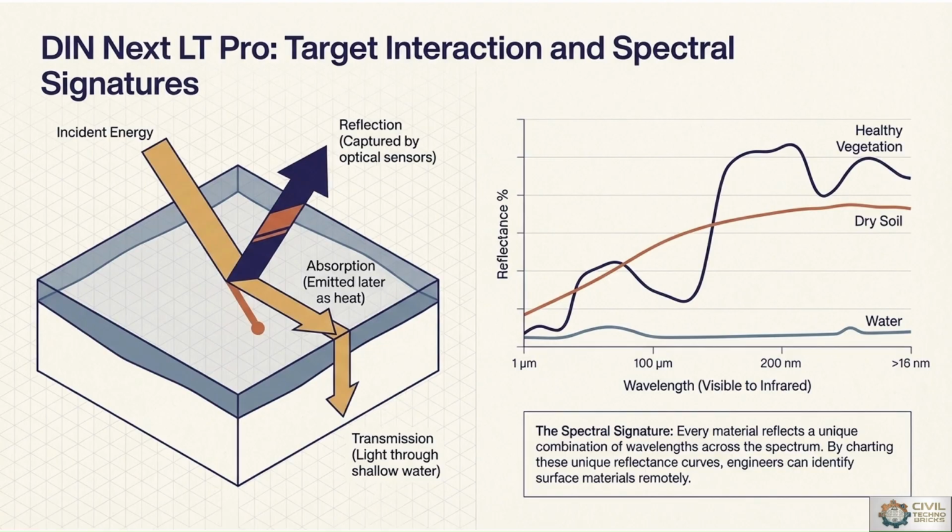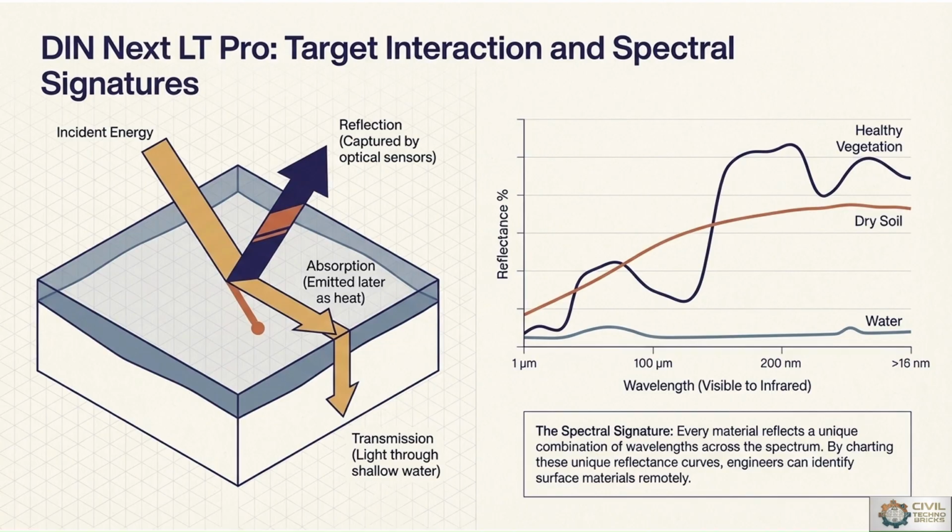Means when the earth surface has some vegetative material, some water material, or some soil material, the amount of incident energy changes the reflection, absorption, or transmission criteria. Likewise, reflection may change: if water is there, then a large amount of reflection, if soil is there, less amount of reflection.